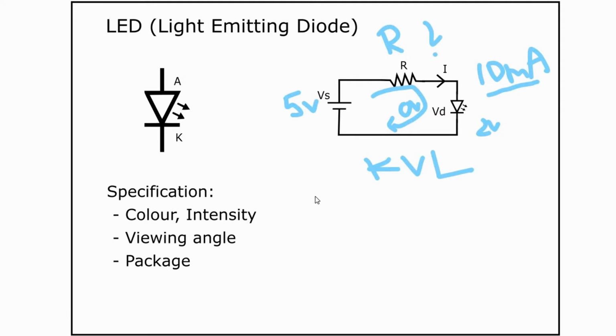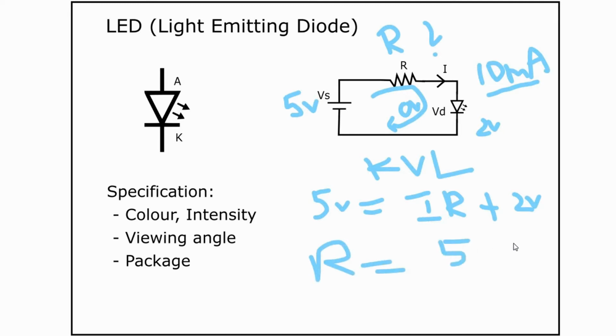So 5 volts should be equal to the current flowing through, that is I, into R, the voltage drop across the resistor, plus the voltage drop across the diode, that is 2 volts. So R will be equal to 5 minus 2, divided by I, which is 10 milliamps.